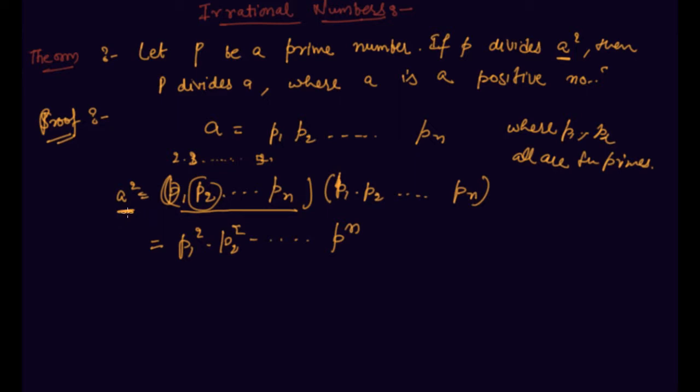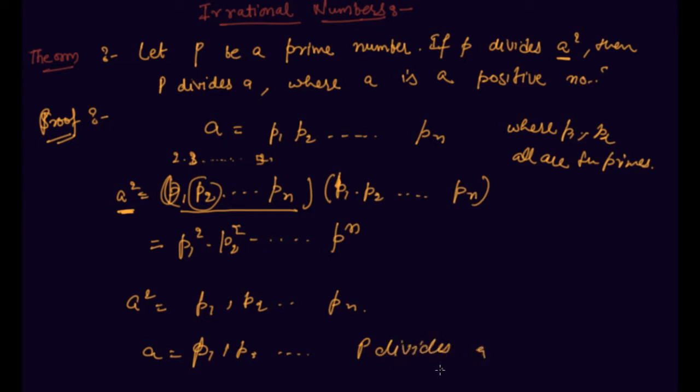Means A squared, so what I can say from here is that the unique factors of A squared will be P1, P2 up to Pn. So hence A is equal to P1, P2, and P divides A, which I wanted to prove.